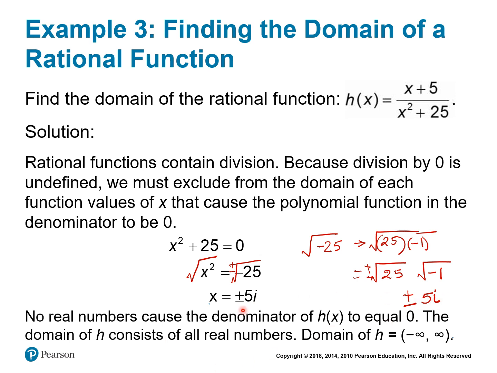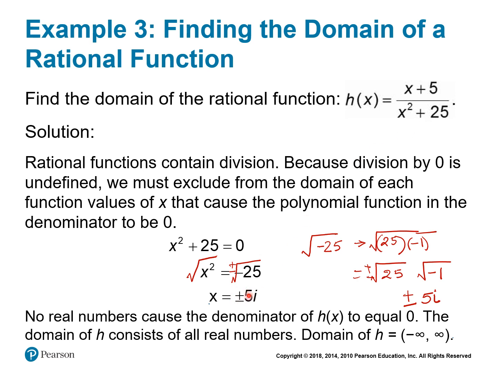Now, it's an imaginary value. So what does that mean as far as domain is concerned? That means there is no value of x which will make the denominator equal to 0. That's the conclusion.